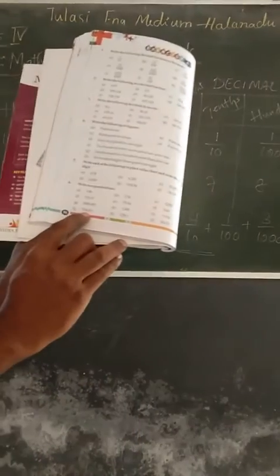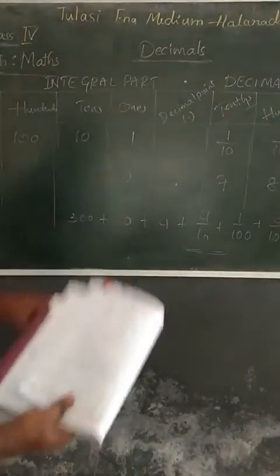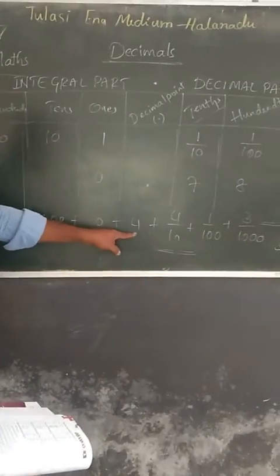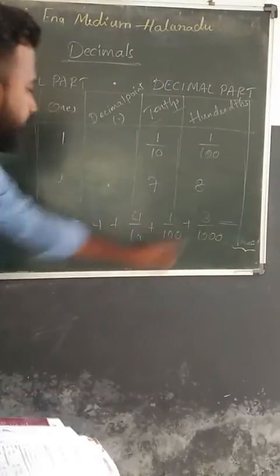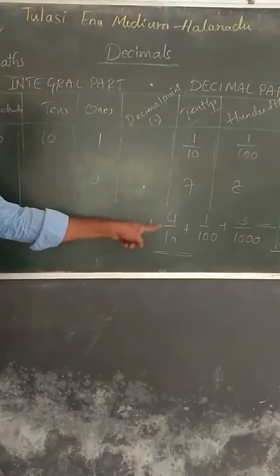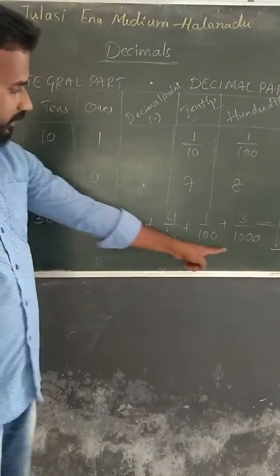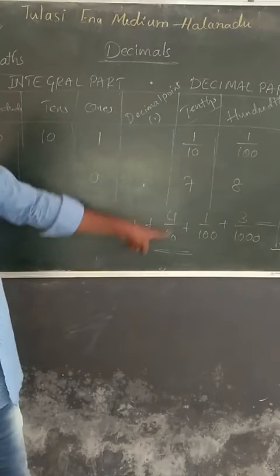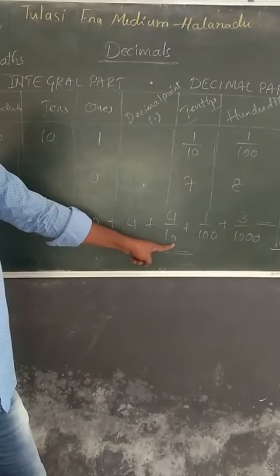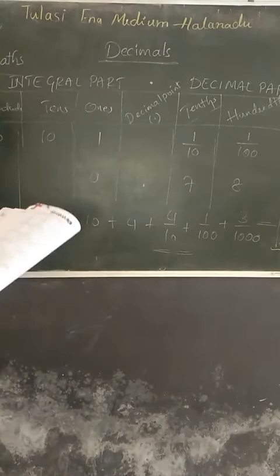So 314.413 is 314 plus 413. So the decimal part we have to write in terms of fractions and decimal fractions.